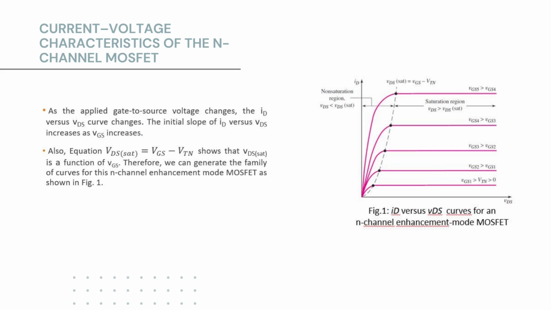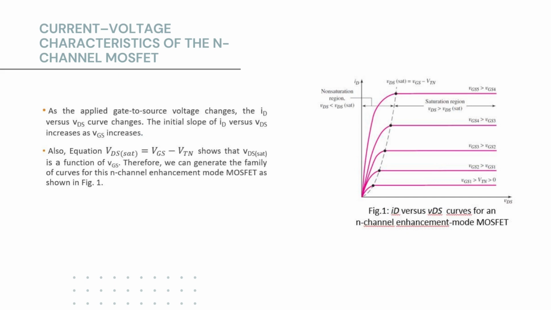When our device is in the total cutoff region, no gate voltage is applied to the circuit. In that case the device goes into the cutoff region and no current flows in the circuit. Now, we start applying some voltage to the gate terminal, and the drain current starts to increase.